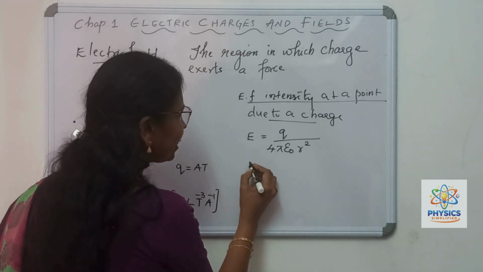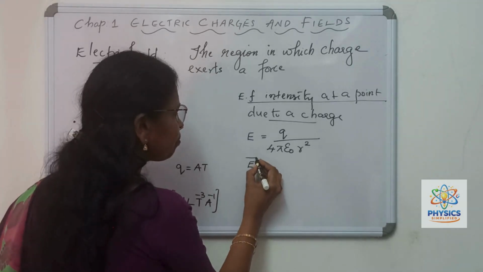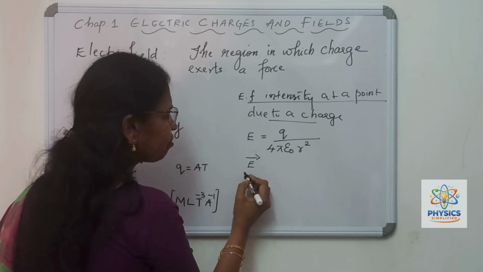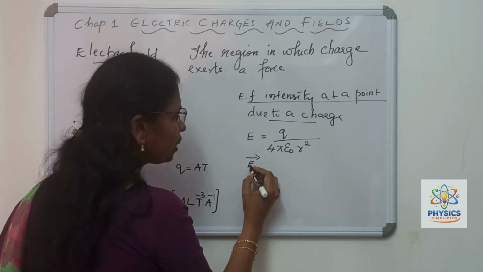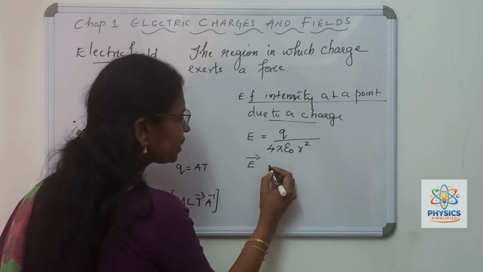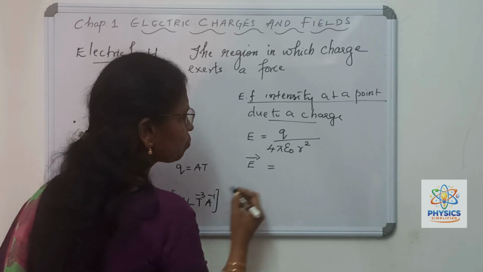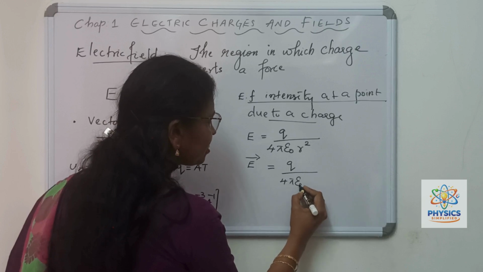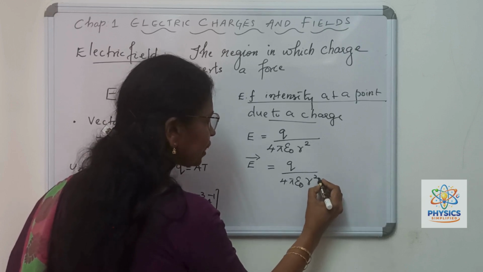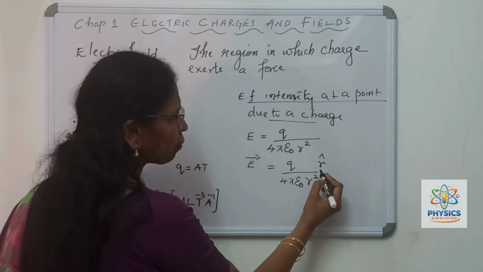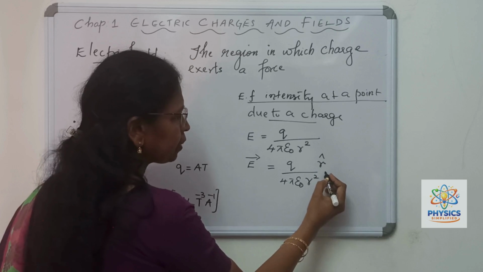But electric field intensity is a vector quantity, so to represent electric field as a vector, we have to use a unit vector. So vector E is equal to Q by 4 pi epsilon 0 R square into R cap. R cap represents a unit vector.